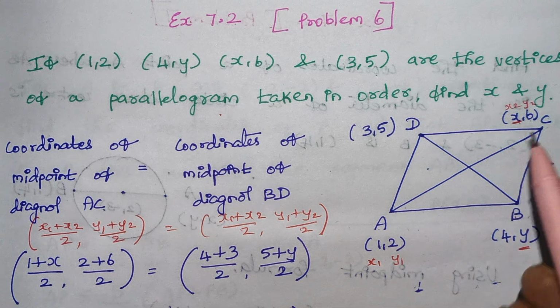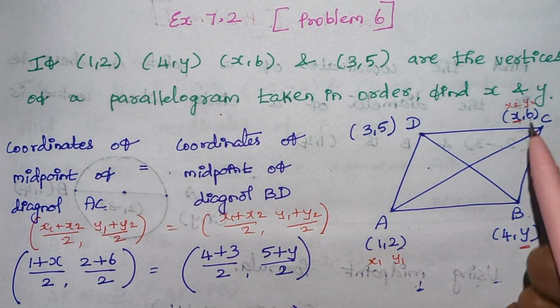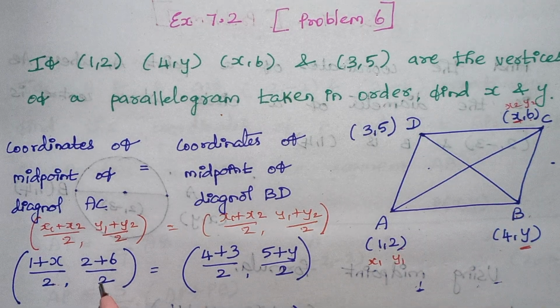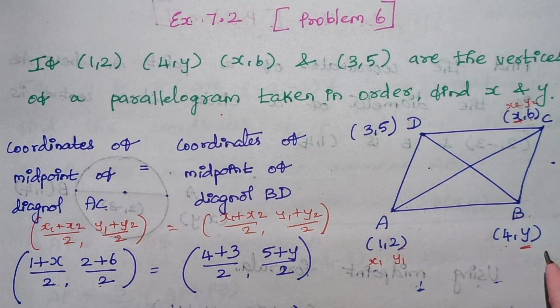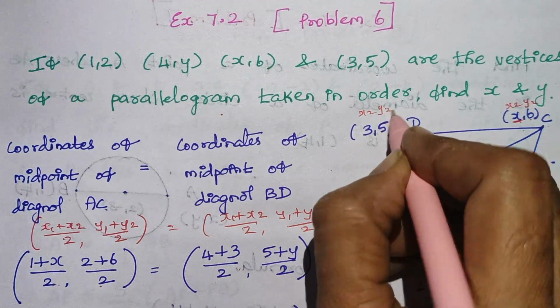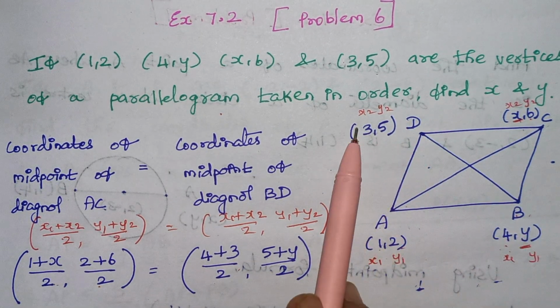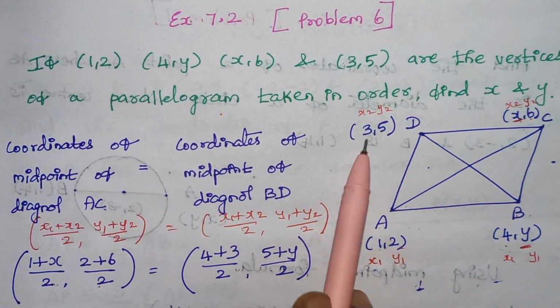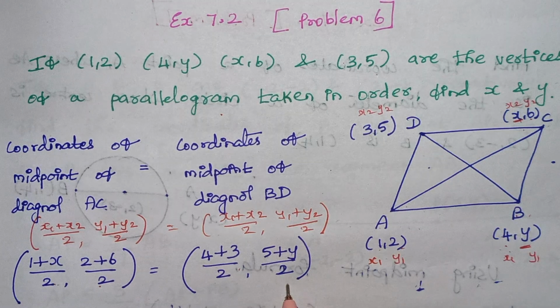So x1 plus x2, so 1 plus x by 2, 2 plus 6 by 2, right? This is what I have written here. When you consider the points BD, this is my x1, y1 and this is my x2 and y2. So here the point will be x1 plus x2 by 2, so 4 plus 3 by 2, y plus 5 by 2 or 5 plus y by 2. Okay, both mean the same.